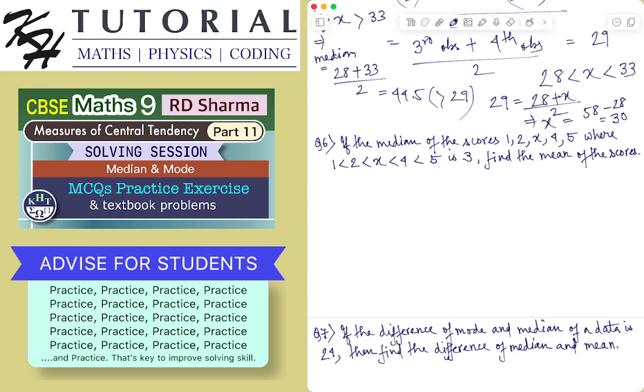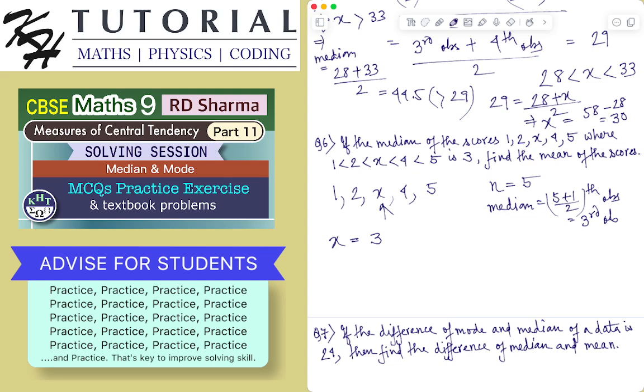There are n is 5, so obviously the median will be the 5 plus 1 by 2th observation, which is the 3rd observation. Since the given observations are already in ascending order, the 3rd observation is obviously x. So we clearly see that x is equal to 3.